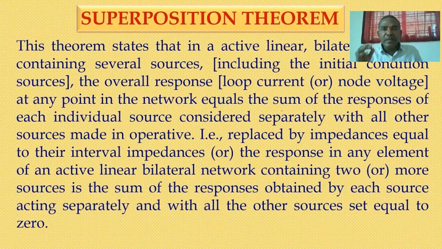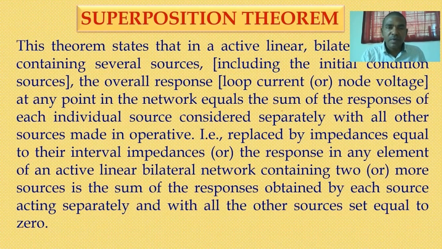So the algebraic sum of the responses when one source is acting at a time must be equal to the overall response. That is the statement of the superposition theorem. This superposition theorem must obey the linearity property.